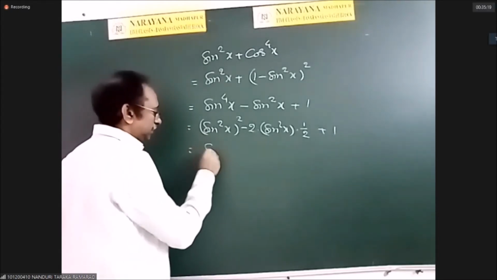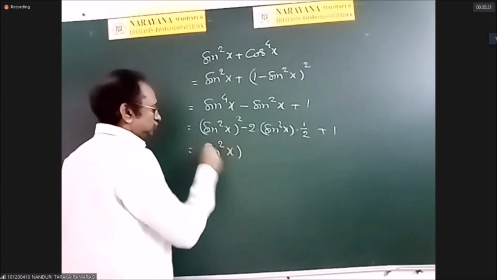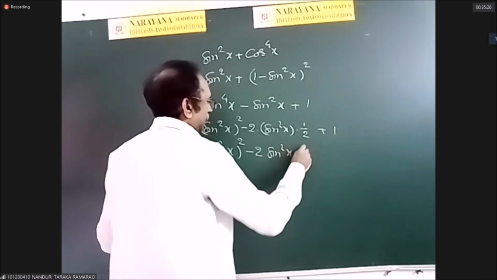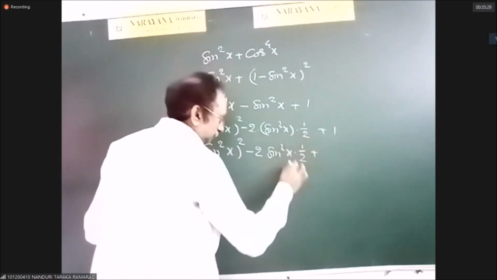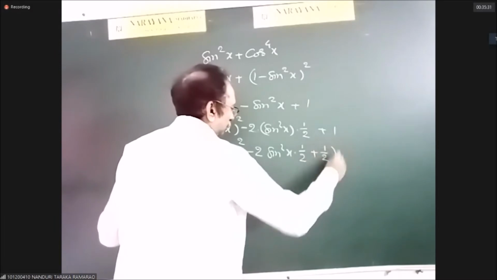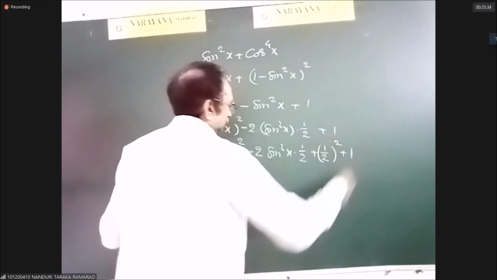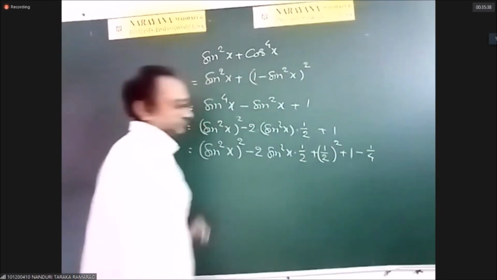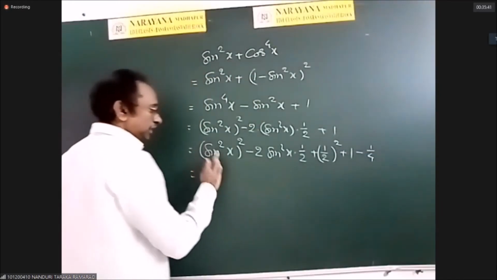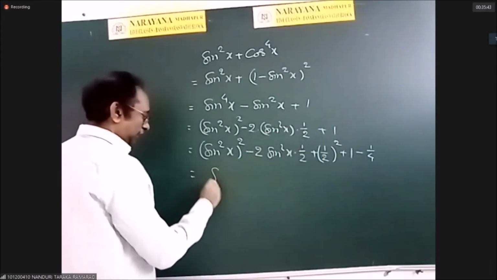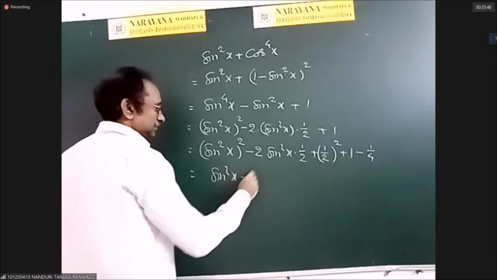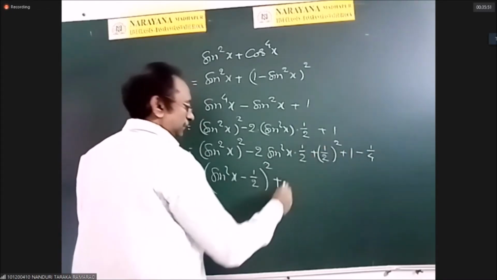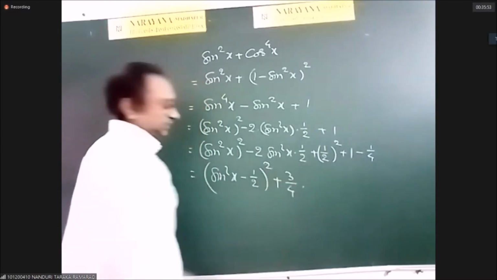So in the next step, sin square x whole square minus 2 into sin square x into 1 by 2, this is b, so b square is 1 by 2 whole square, plus 1. I have written 1 by 4 extra, so minus 1 by 4. So this is equal to a square minus 2ab plus b square, that is sin square x minus 1 by 2 whole square plus 1 minus 1 by 4, that is 3 by 4.